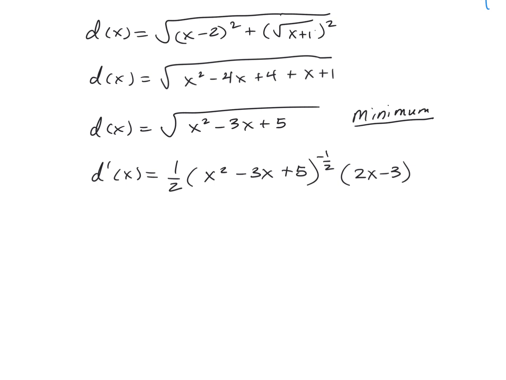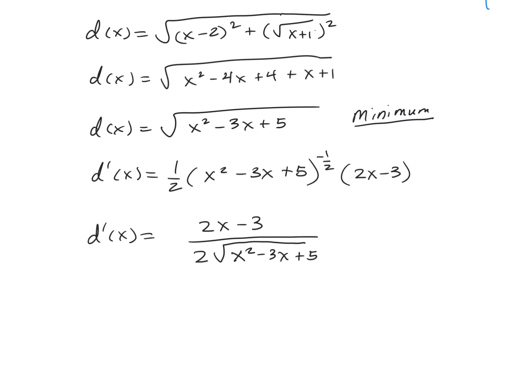So our derivative simplifies down to a numerator of 2x minus 3 over top of 2 times the square root of x squared minus 3x plus 5. And if you want to think of it this way, this is 2x minus 3 over 2 times d, because remember, the square root is our distance.